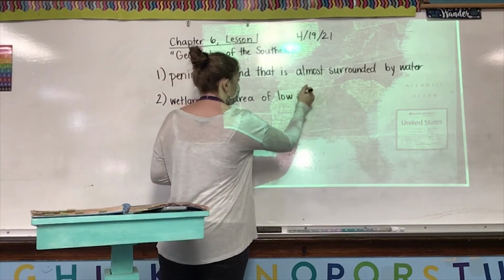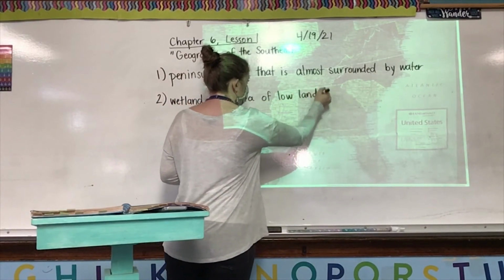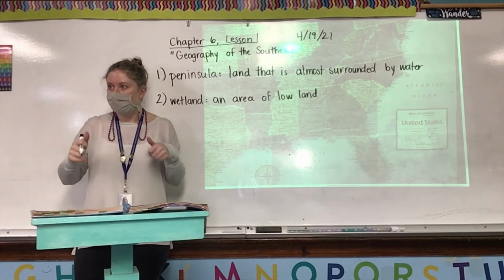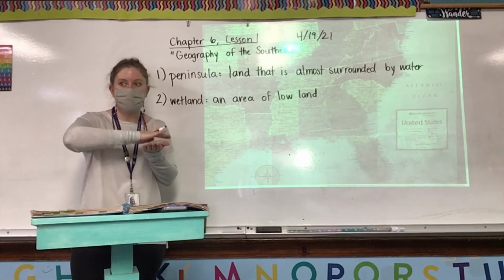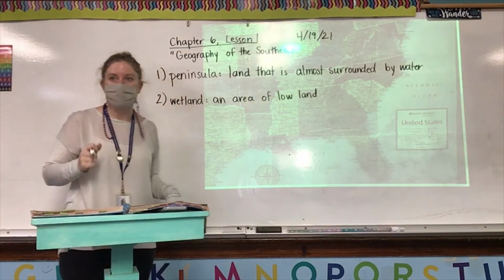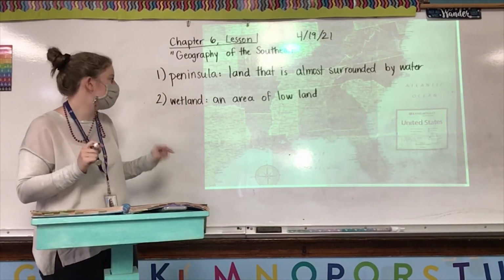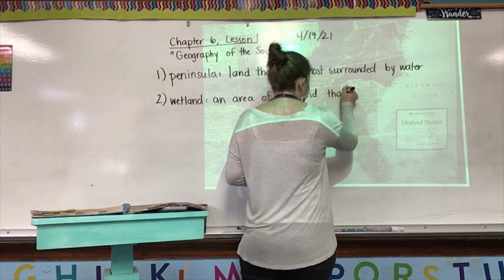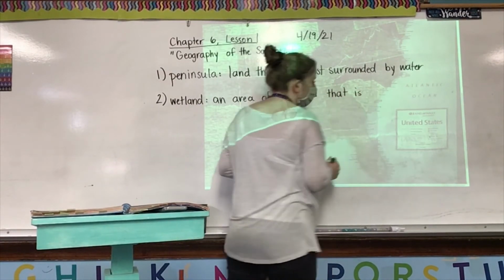An area of low land, that means it's low. Remember we talked about the elevation map? So low land would be like right around 0 above sea level, if not right below sea level. So an area of low land that is what, Erin?